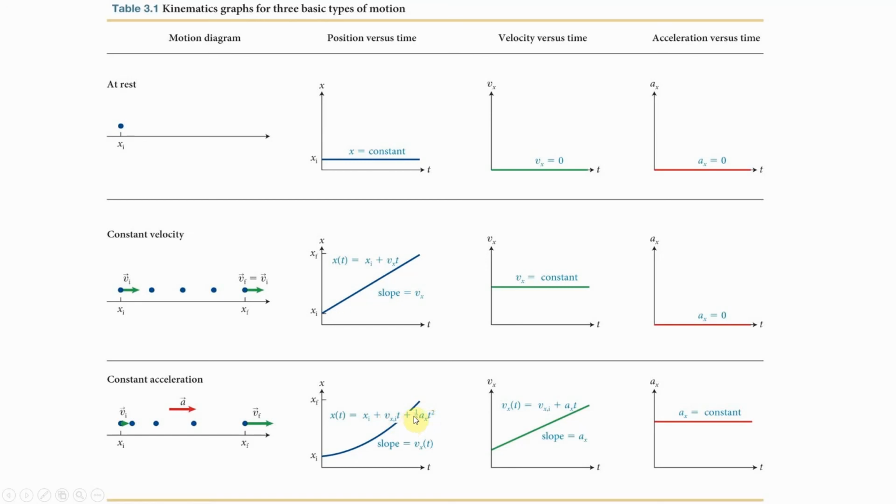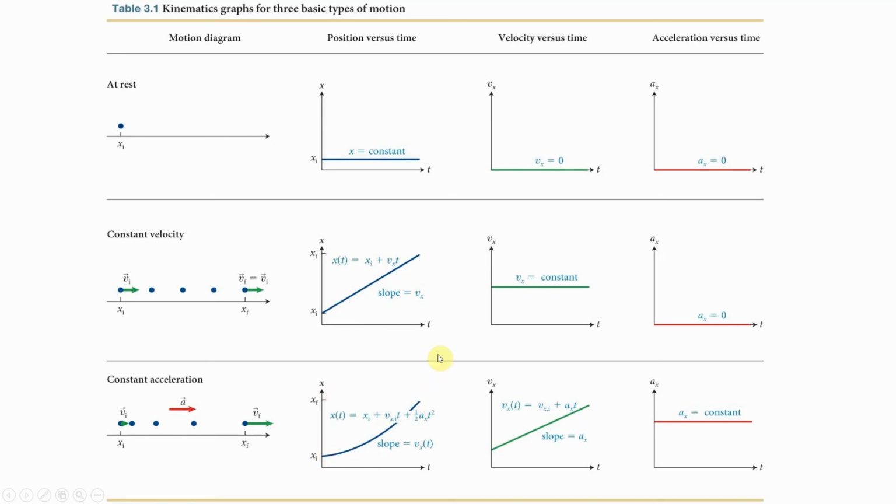And that has this 1/2 at squared. That gives us a parabola. Now what's happening here is when I start out, my slope is my initial velocity, like it was here. But because my velocity is changing, my slope is changing everywhere, so I get this curved shape.